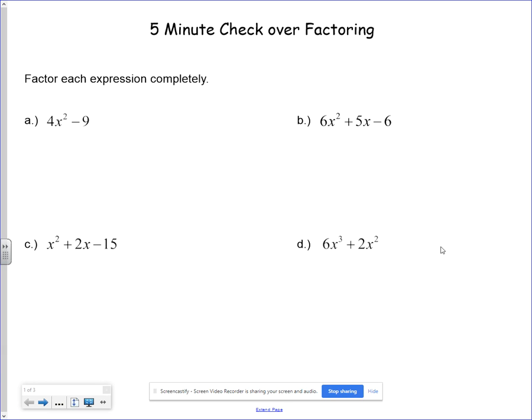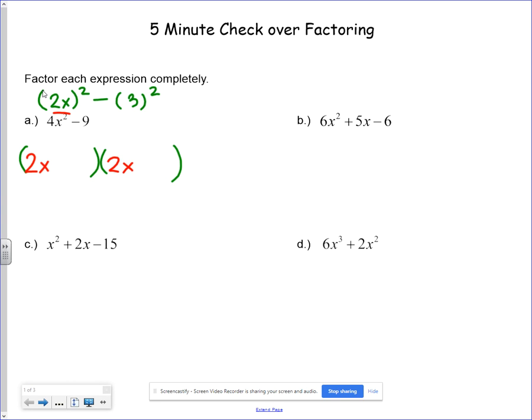I can rewrite 4x squared as the quantity 2x squared minus, and then I can rewrite 9 as 3 squared. So what we got here is a difference of 2 perfect squares. If you remember from first semester, here's how it factors. We would take this 2x here and write the 2x down and the 2x down.